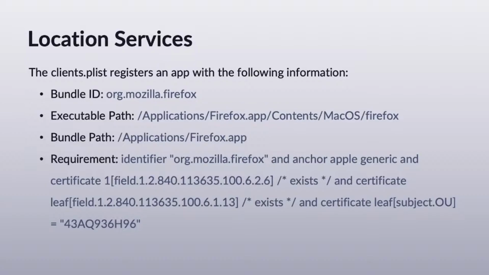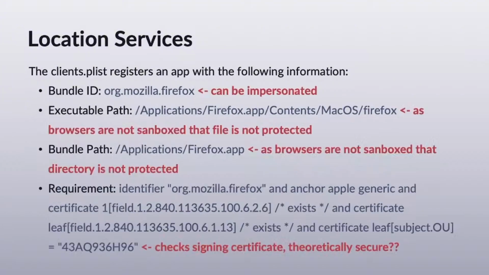So in theory, on modern macOS versions, that should not be bypassable. This is the same for the bundle path, and the code signing requirement should be fine, right? It is theoretically secure. It is used by many different daemons on macOS to verify very different stuff. So in theory, that should be secure.